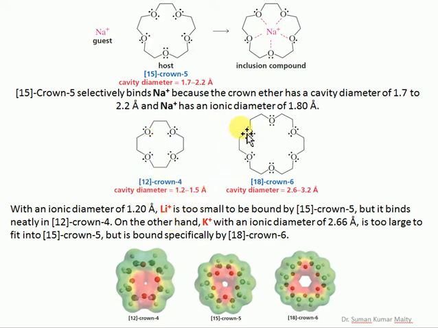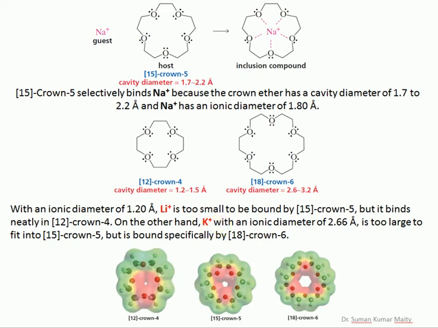And a bigger crown ether, 18-crown-6, produces a cavity diameter of 2.6 to 3.2 angstrom, which is good for potassium ion to be coordinated or encapsulated.